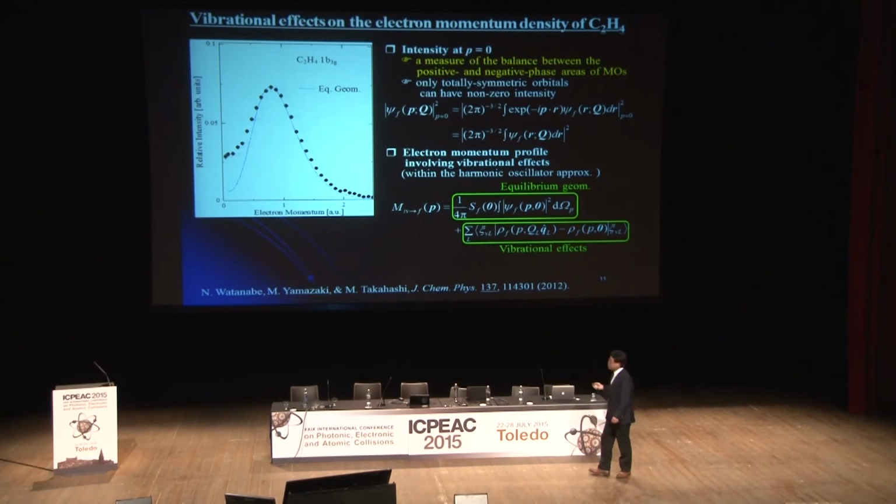Within the harmonic oscillator approximation, we have found the influence of molecular vibrations on the electron momentum densities can be written in this form. Here, the second term is responsible for the vibrational effect.